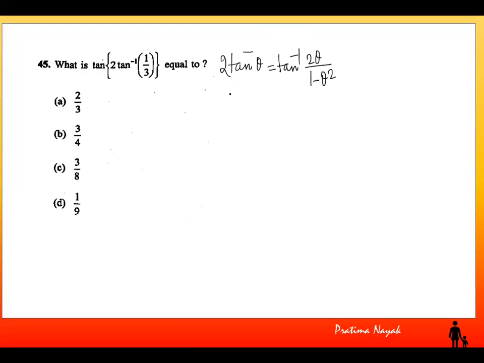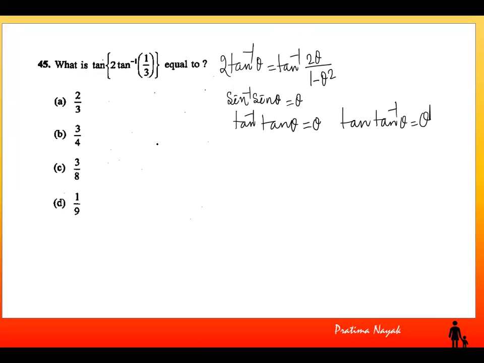And what else are we applying? We are applying sine inverse sine theta is equal to theta. Here tan inverse tan theta is equal to theta.